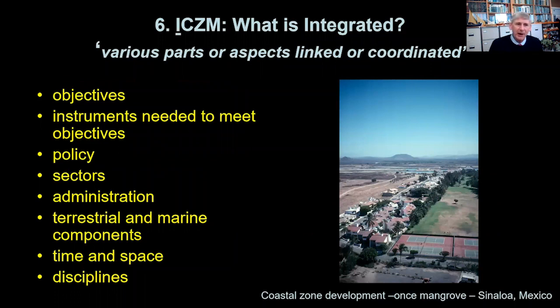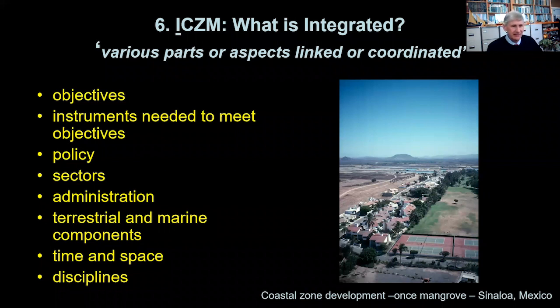So if we break down what integrated coastal zone management really means, I think the first question is, what do we mean by integrated? And integrated, if you look it up in the dictionary, means various parts or aspects linked or coordinated. So what are those aspects? Really what we're looking at are objectives, and these need to be as specific and smart as possible.